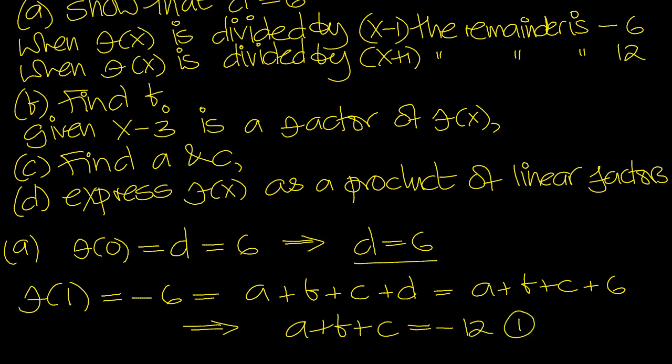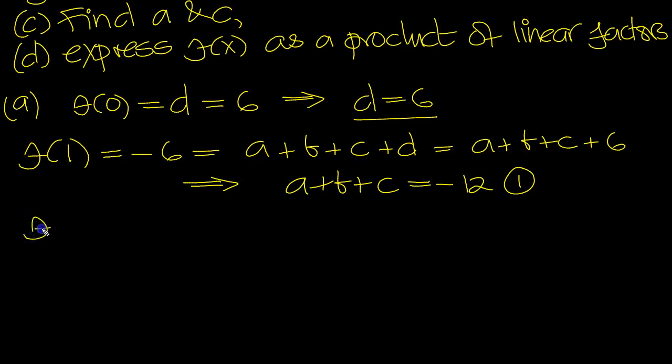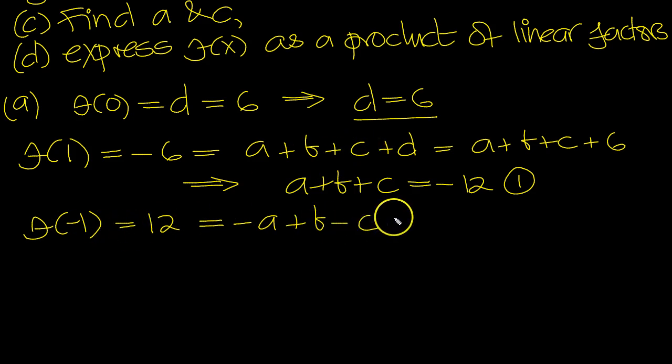Okay, now part 2. When it's divided by x plus 1, the remainder is 12. So f of minus 1 is equal to 12. And that was equal to ax cubed, minus 1 cubed is minus a, plus bx squared, minus 1 squared is 1, so that's b, plus cx, so that's minus c, plus d, which is minus a plus b minus c plus d, where d is 6, isn't it?